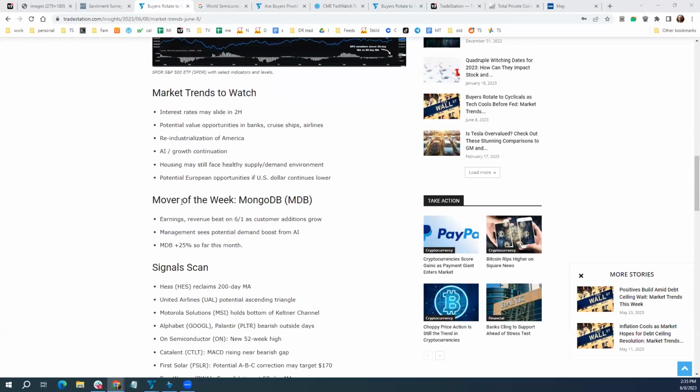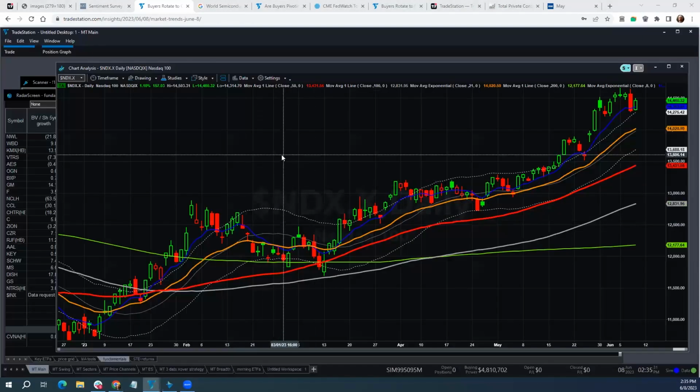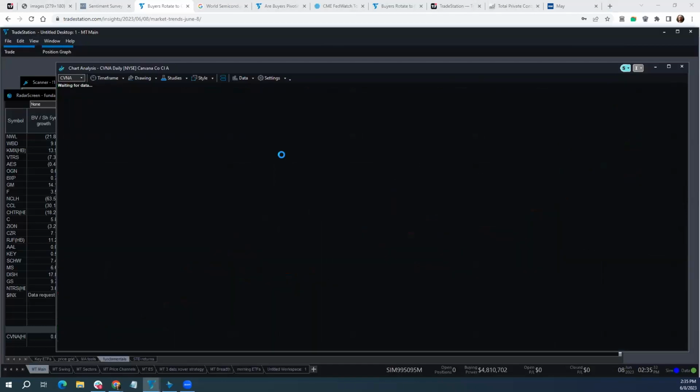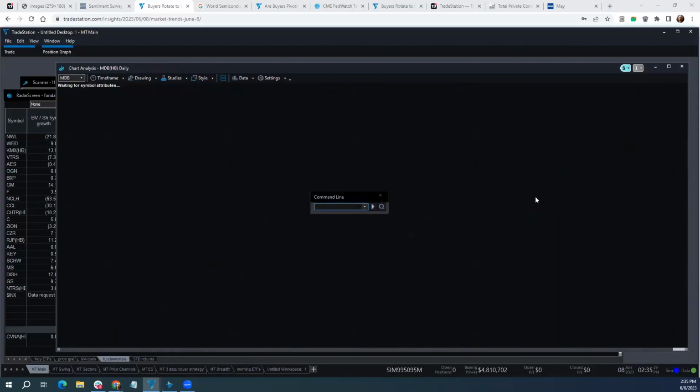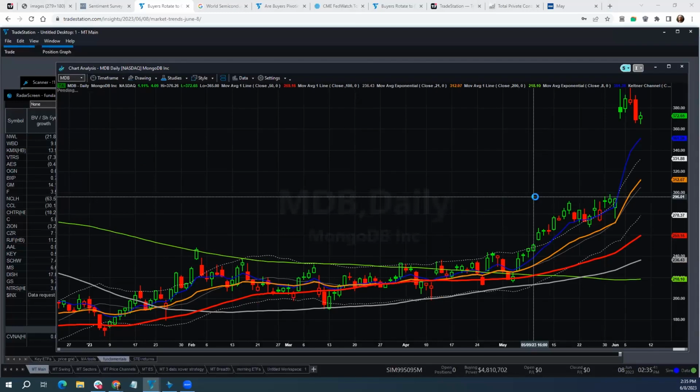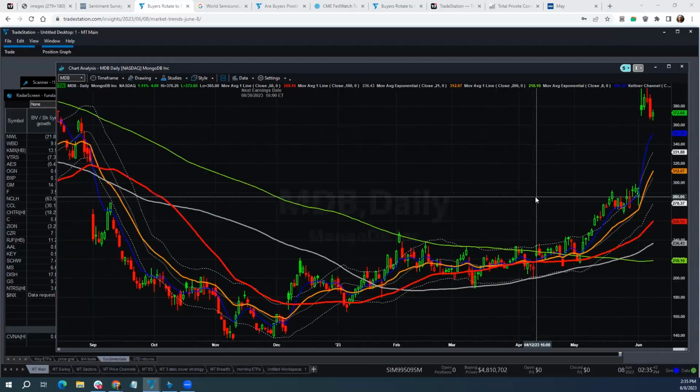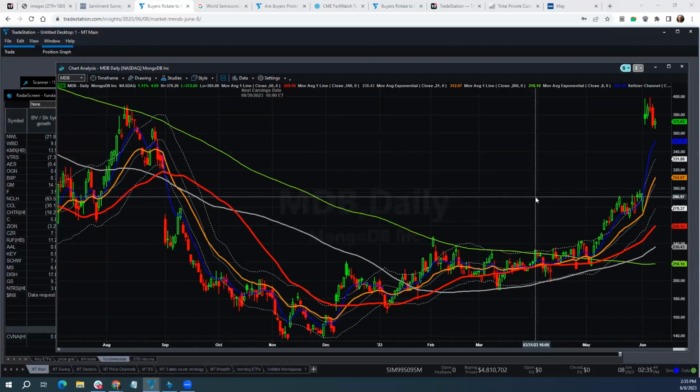I always emphasize a mover of the week. I think Carvana was one of my movers of the week a few weeks ago or a few months ago. My Lord. Anyway, Mongo database. Again, these are just companies that are kind of interesting. A lot of these software companies are going to find ways to put AI into their products.